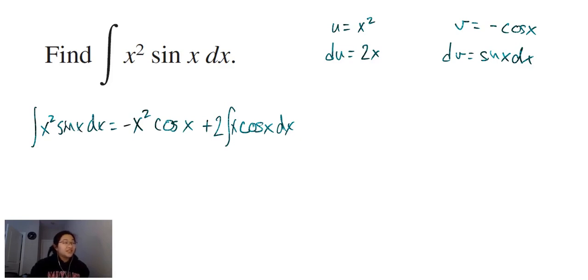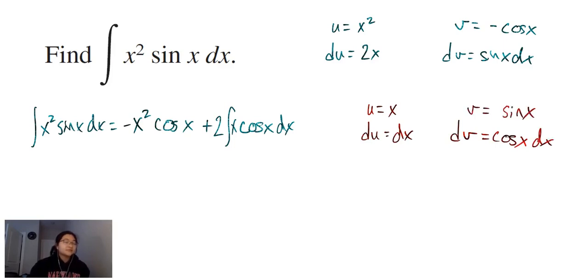So we have u is x, so du is dx, dv is cosine, and v is sine. So that means that we have negative x squared cosine x plus 2 times uv, which is x sine x, minus the integral of v du.